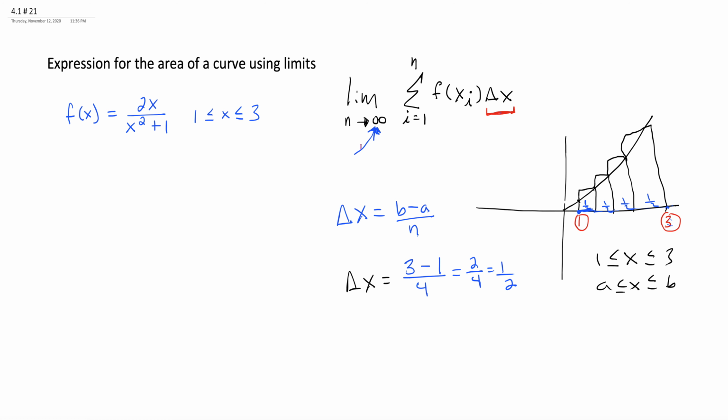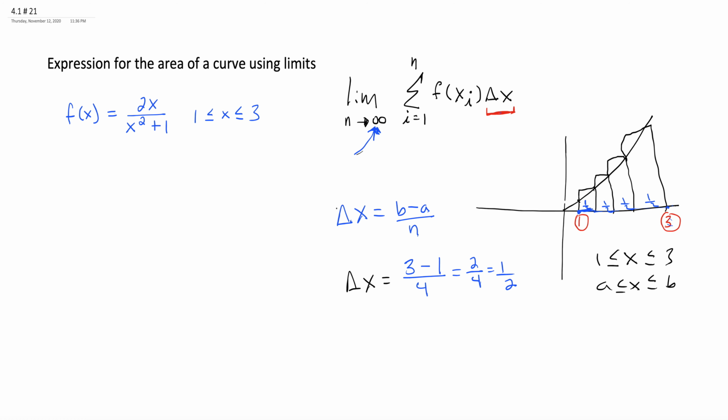So our delta x can't be a constant. It has to have an n in it to reflect the fact that we're going to that many subintervals.